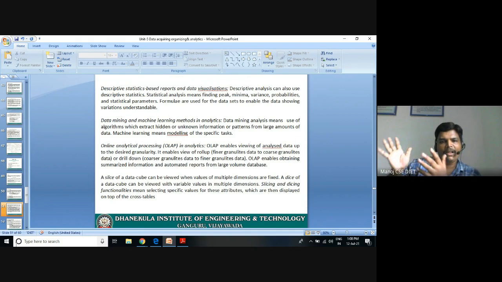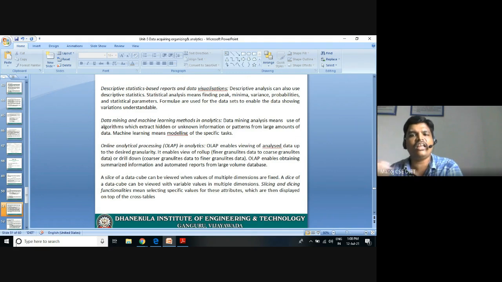With the help of these algorithms, we can extract the hidden facts and information based on patterns. Machine learning here is for modeling for a specific task. And OLAP, you have already studied it, you are aware of OLAP.